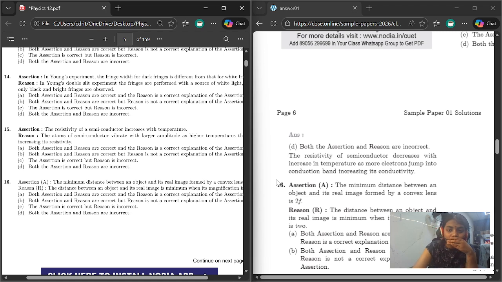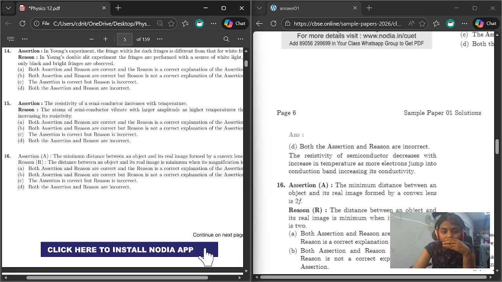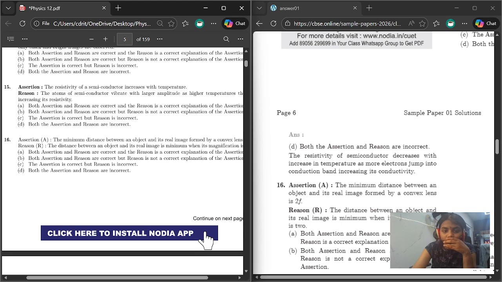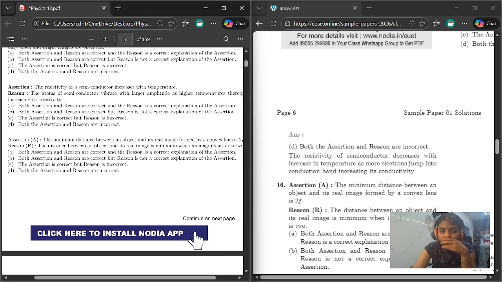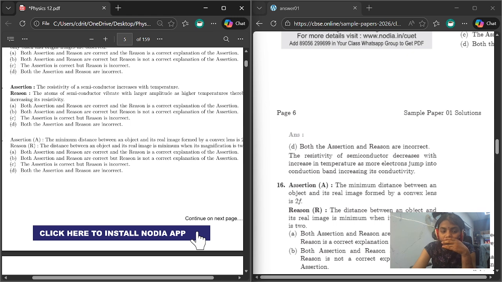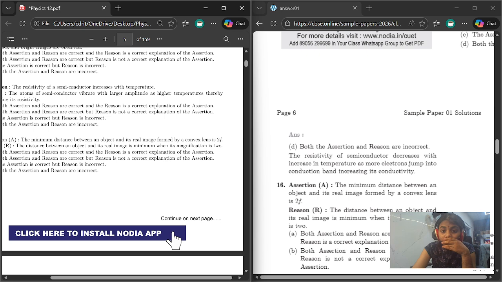The resistivity of a semiconductor decreases with increase in temperature, as more electrons jump into the conduction band, increasing its conductivity.